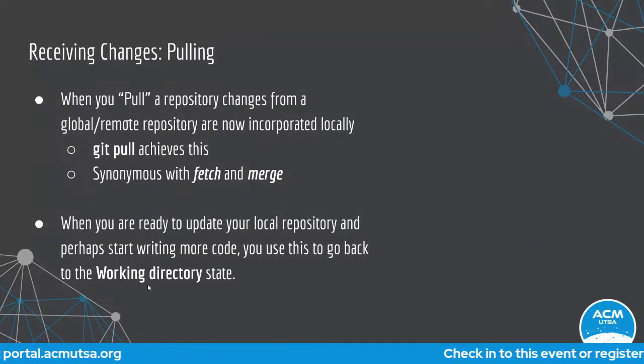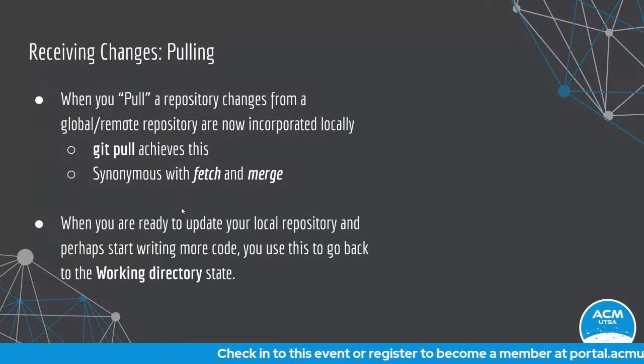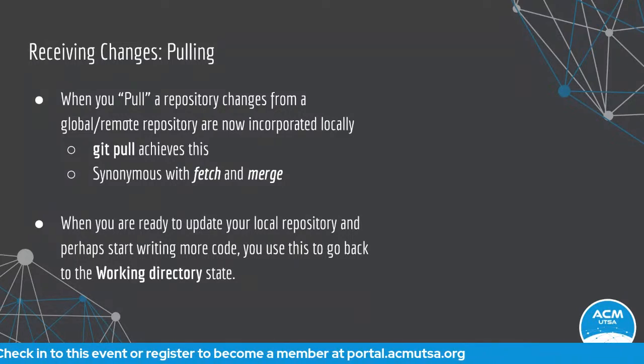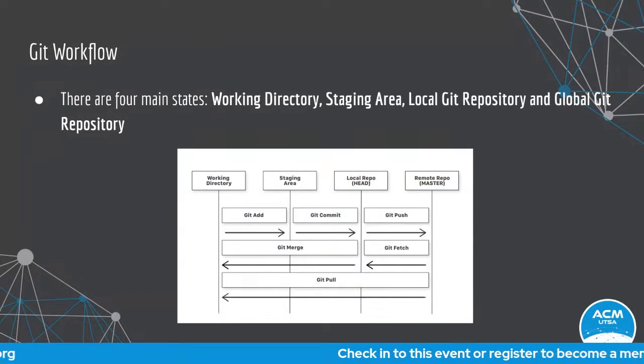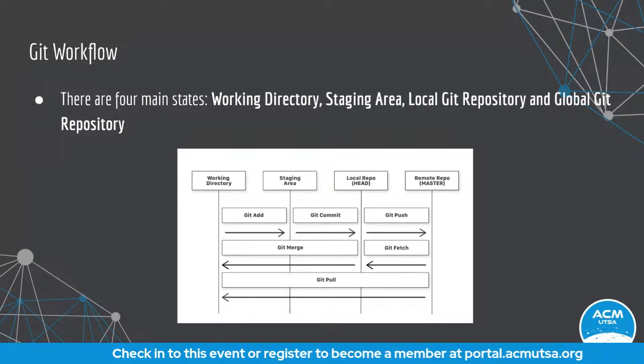And again, I might have hinted at this, but the working directory state is basically when you are adding a bunch of files in Git, and you're trying to know which ones to keep track of in a certain snapshot or state. This summarizes how the workflow goes when you're dealing with Git.